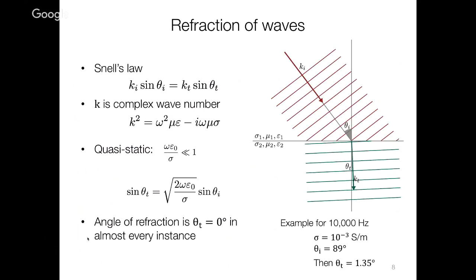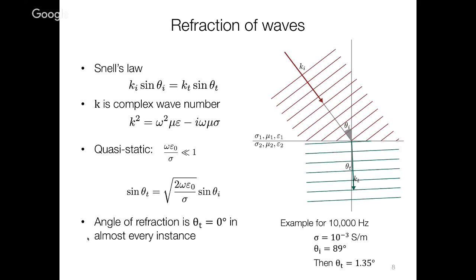The wave number is given by this complex number that we saw yesterday, and in the quasi-static regime, the relationship between the transmitted angle and the incident angle depends on this quantity here. If you put in the parameters for the Earth, the electrical conductivity of the Earth is really big, which means this wave effectively gets refracted vertically down.